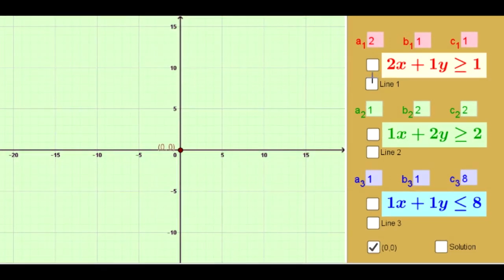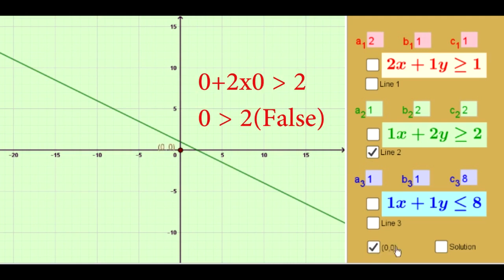Now, let us consider the second inequality: x plus 2y is greater than or equal to 2. For this one also, first you have to draw the line x plus 2y is equal to 2. Now again, consider the point (0, 0) and substitute it in the inequality x plus 2y greater than or equal to 2.